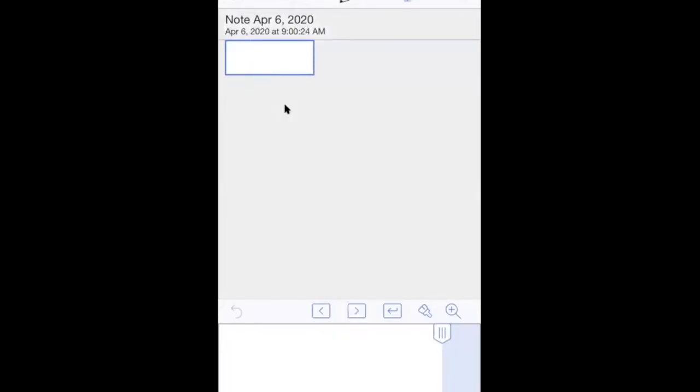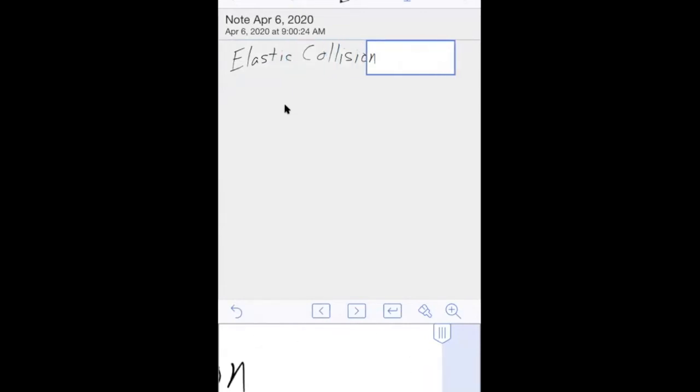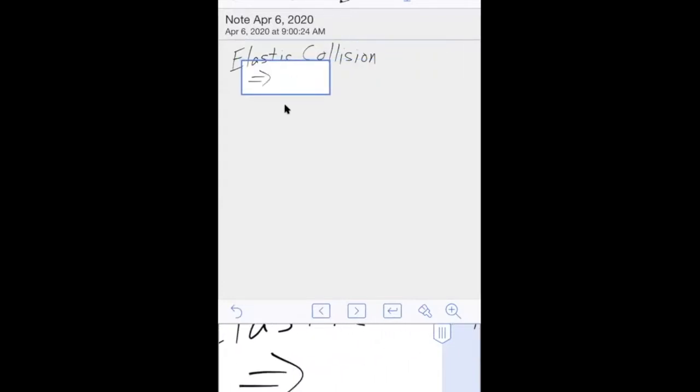Let's first do an example of an elastic collision. So in an elastic collision, the thing that you should remember is that kinetic energy is conserved also.